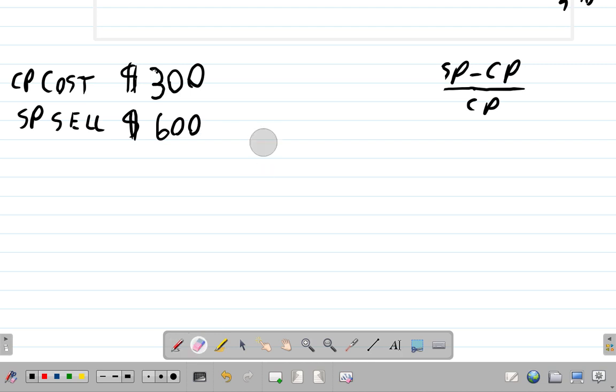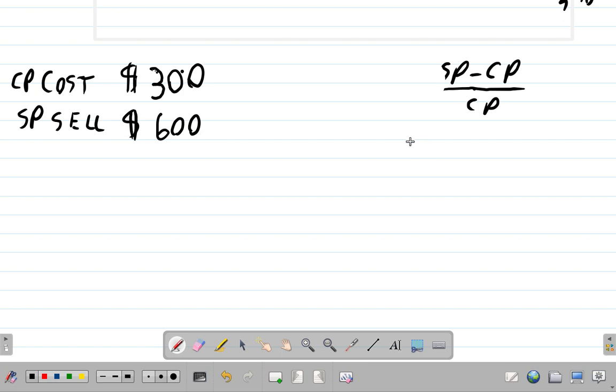I use different figures because I don't want to confuse the 100 with the percentages, because the $100 might be confused with the 100%. So let's say these are some expensive chocolates. There's some dark chocolate that they sell for a lot of money, much more expensive than other chocolates. You buy them for $300. You want to make 100% profit, so you sell them for $600. This represents 100% profit.